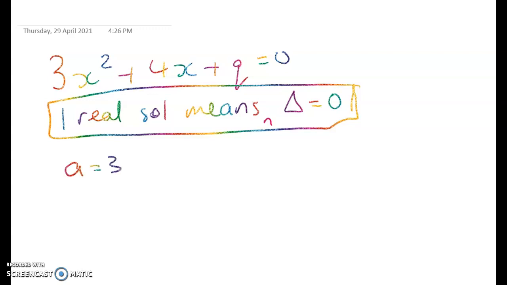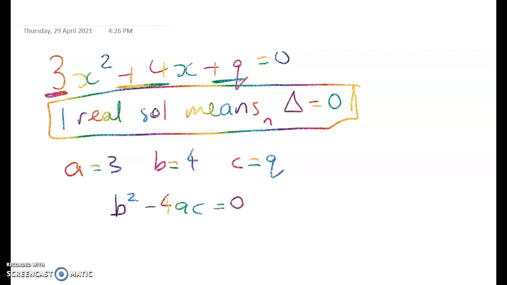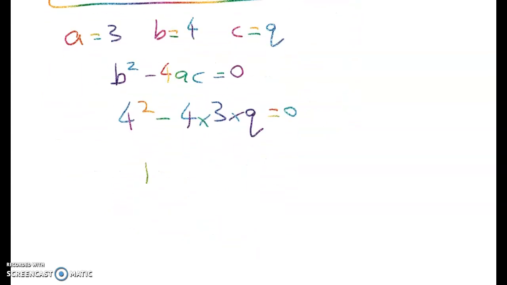So A is 3, B is 4, and C is q. Really easy one here because they're all positives. So B squared minus 4AC is equal to 0. That gives us 4 squared minus 4 times 3 times q is equal to 0. Cleaning this up, we get 16 minus 12q equals 0.